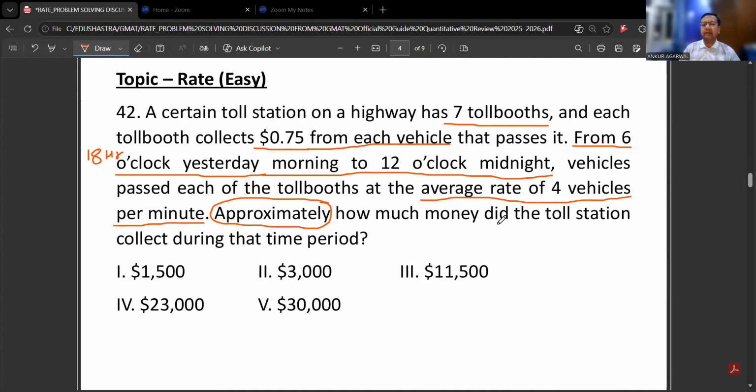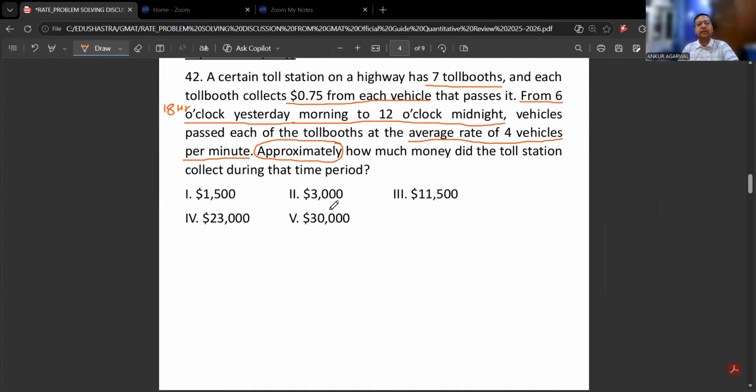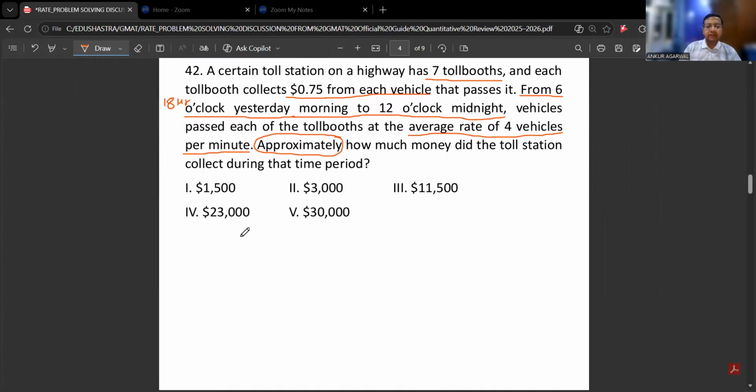How much money did the toll station collect during that time? Okay, sure. No worries. So now start solving. First of all, just check what is the money we are collecting. What is the period?